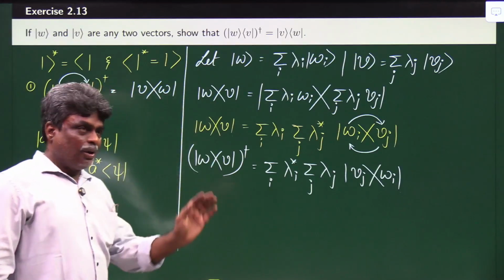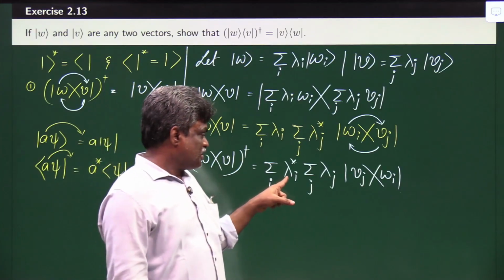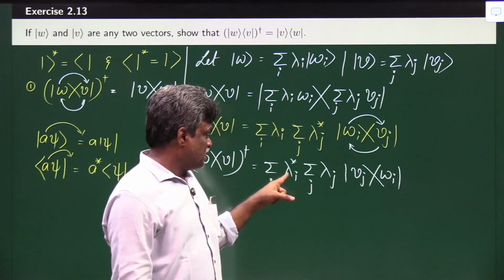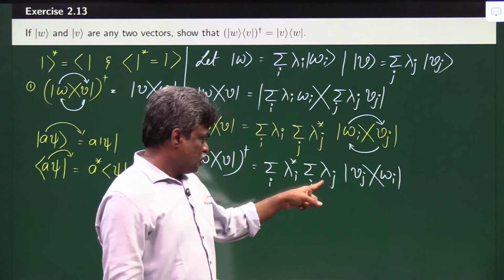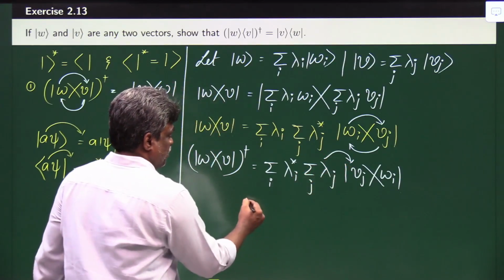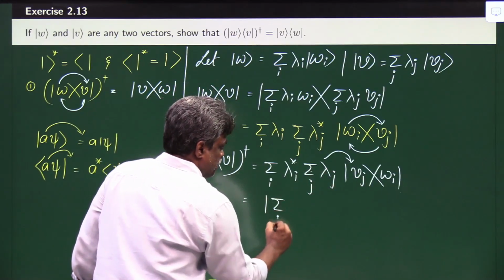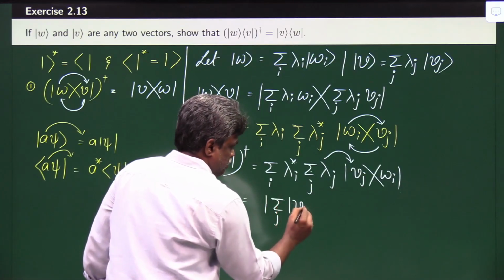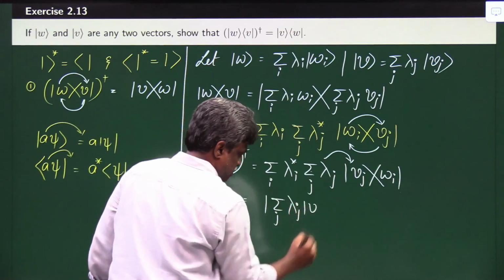That's it. Now again bring these constants inside. Here is a conjugate, so it can go only into the bra vector. And here there is no conjugate, that's why we can write this into the ket vector. So I am bringing this inside: summation over j, lambda j Vj.